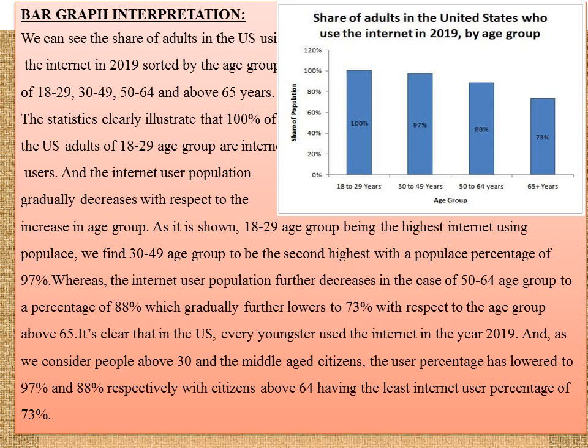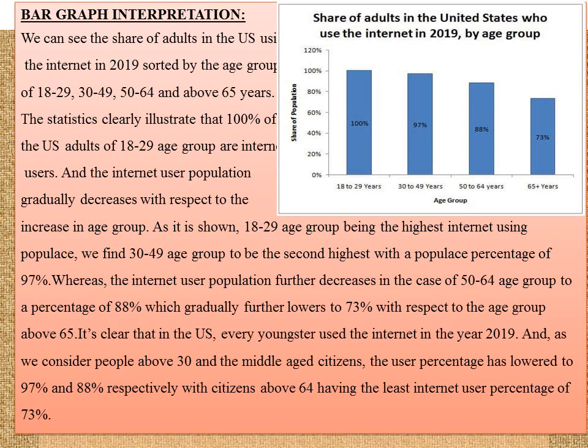There is a slight decline to 97% in the age group of 30 to 49, and we have 88% representing the age group of 50 to 64, and then 73% representing the age group of 65 and plus years.